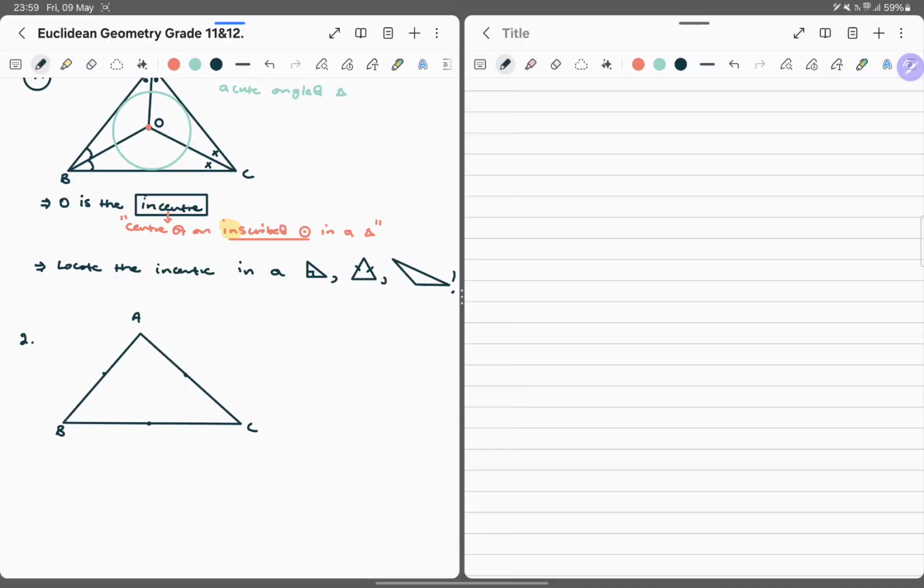So of course this is just an approximate. Now bisectors of the sides of a triangle come from one vertex to the midpoint of the opposite side. That's how we draw them.